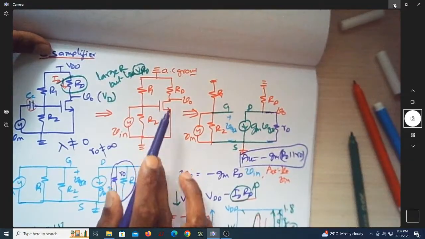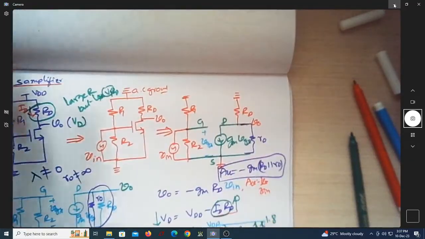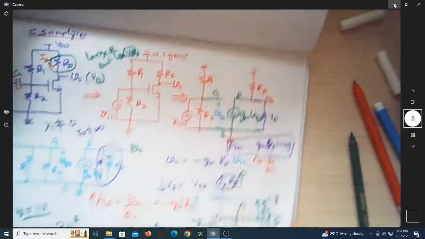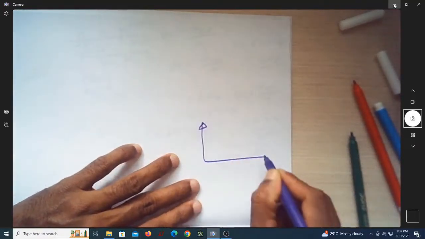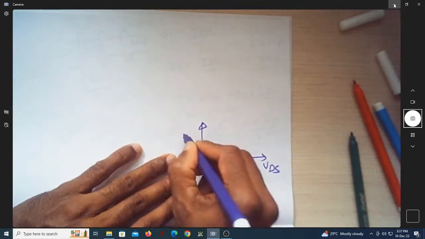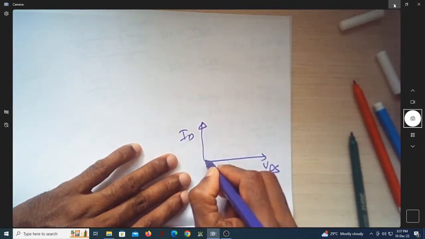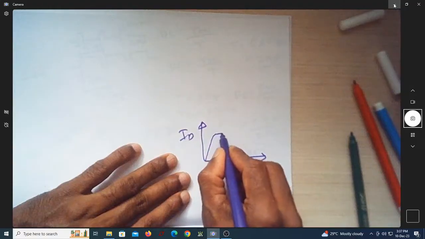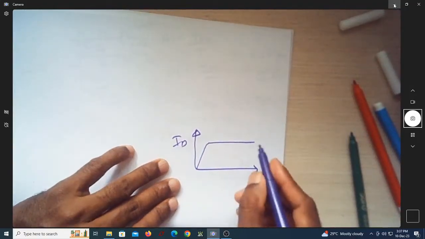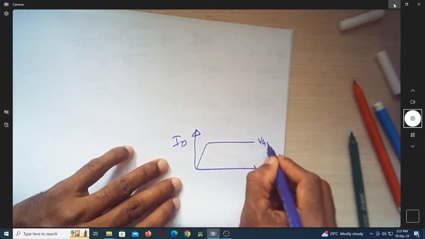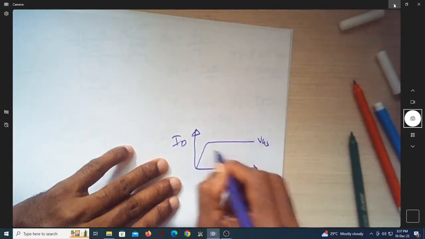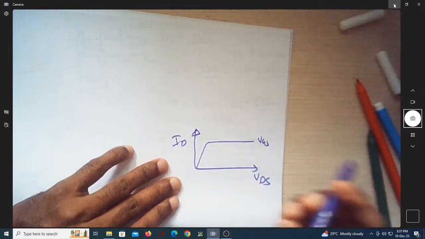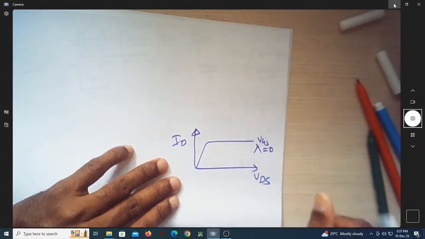Now, this is a MOSFET having channel length modulation. When I say channel length modulation, we know that MOSFETs have output characteristics, VDS versus ID for a given VGS. So this is an ideal MOSFET, where this is VGS, and this is not at all changing over the entire length. So this is the saturation region, and here lambda is 0.